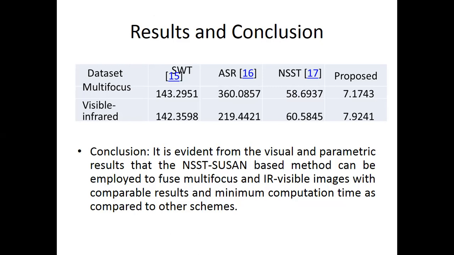The proposed scheme takes the smallest computation time as compared to the other state-of-the-art methods. So it can be concluded that the proposed NSST Susan-based method is better to fuse the multi-focus and infrared visible images with the minimum computation time as compared to the other schemes.